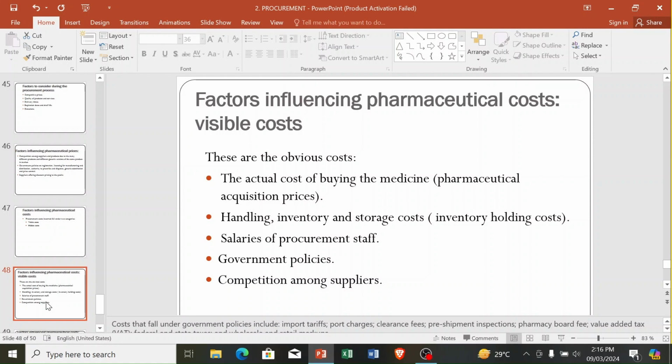Government policies, there are a number of government policies that we deal with or look at, and those government policies, like we said, licensing the facility, importation tax, exportation tax. Depending on our country, the policies differ. We may not say they are the same.